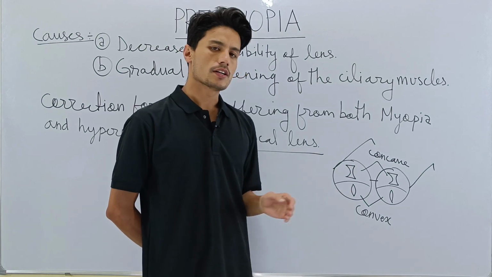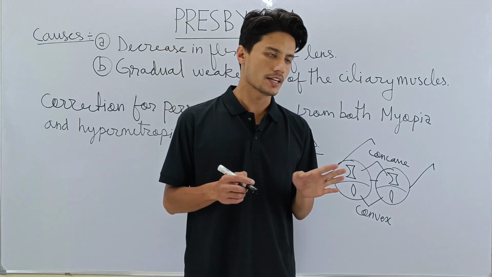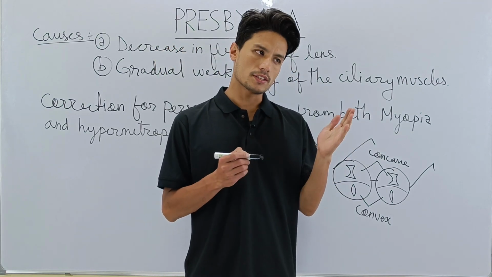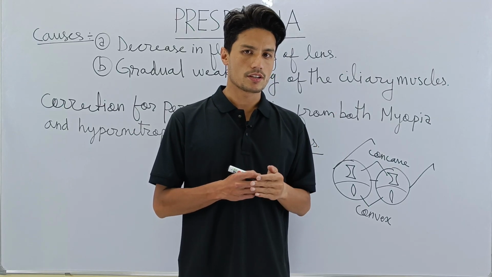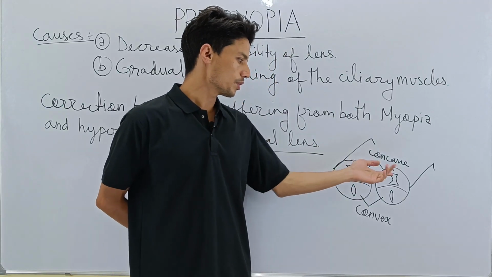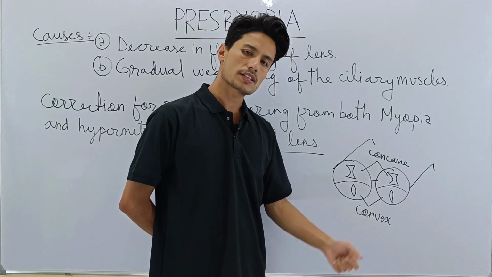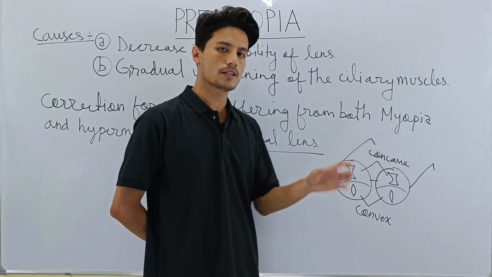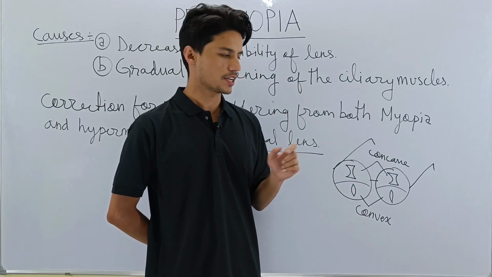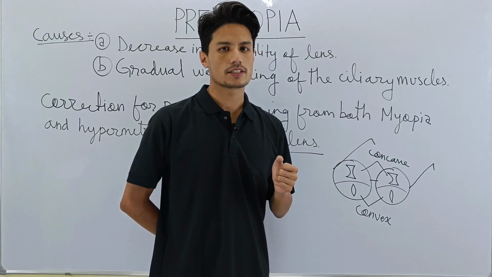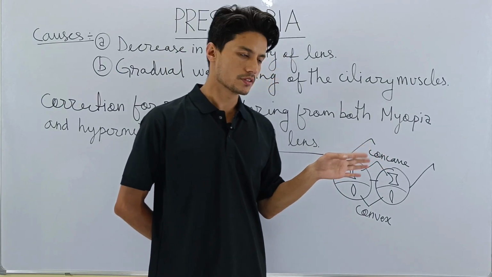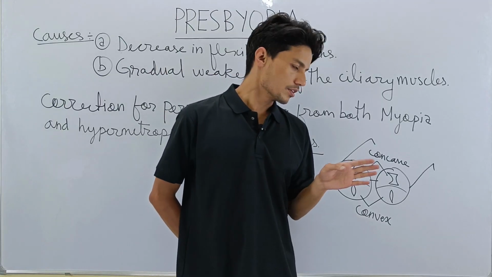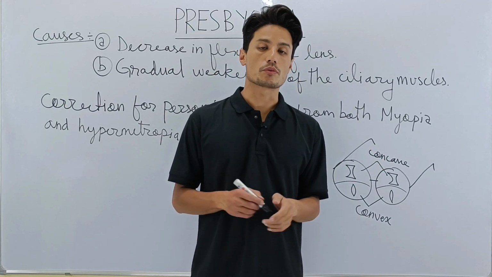So next time you see an elderly person, check whether he is wearing a normal concave lens, a normal convex lens, or a bifocal lens. Try to find out bifocal lenses in the real world.